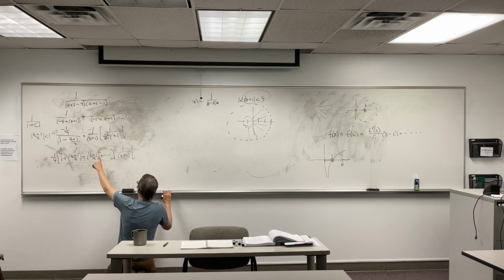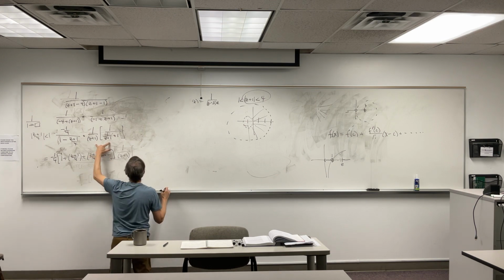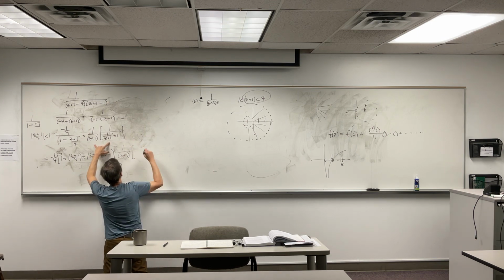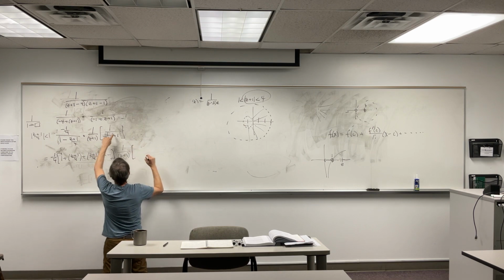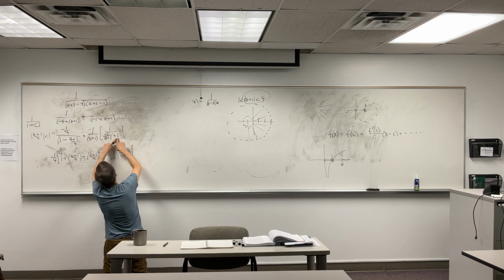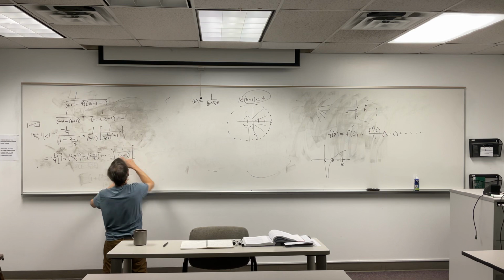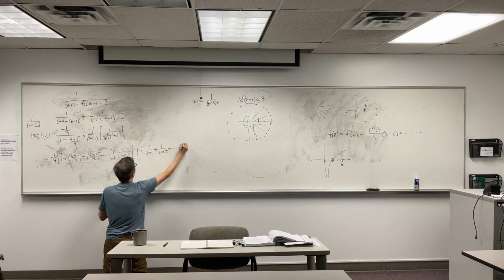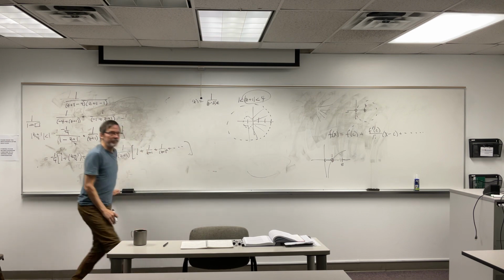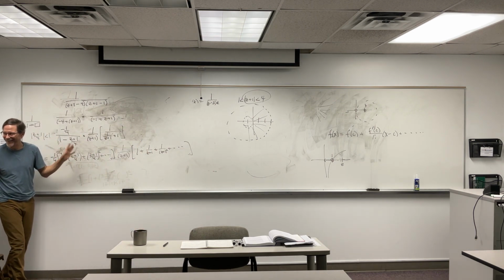This is going to be horrible, this is going to be intractable, but we should see this together. So this is 1 minus this, that's what's in the box, and that's going to be 1 plus 1 over z plus 1, plus 1 over (z plus 1) squared, and so on. Is that all making sense? Yeah.